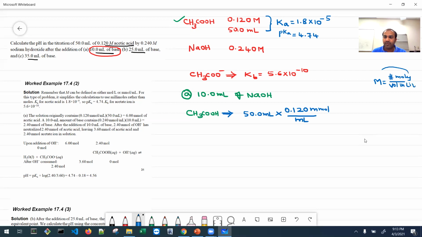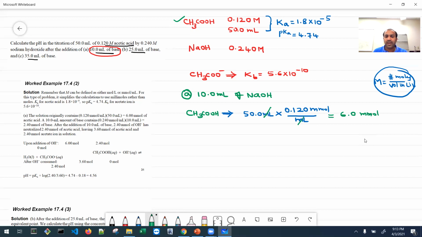I rearranged this so that I can calculate the number of moles. So number of moles is molarity times volume, but I converted that into milliliters for our convenience. So milliliters get canceled. So we are using 6.0 millimoles of acetic acid. So that's the acid information.